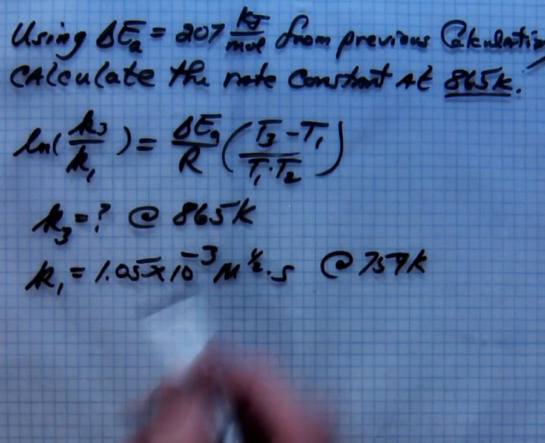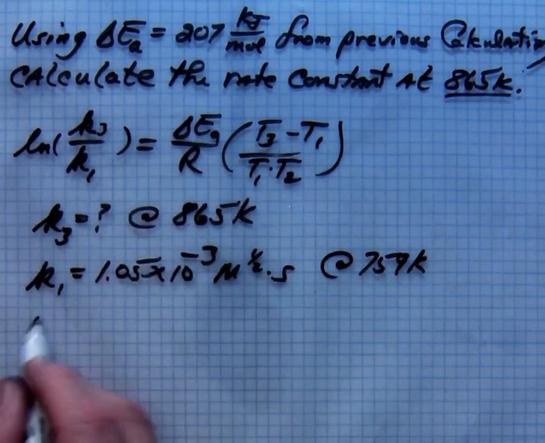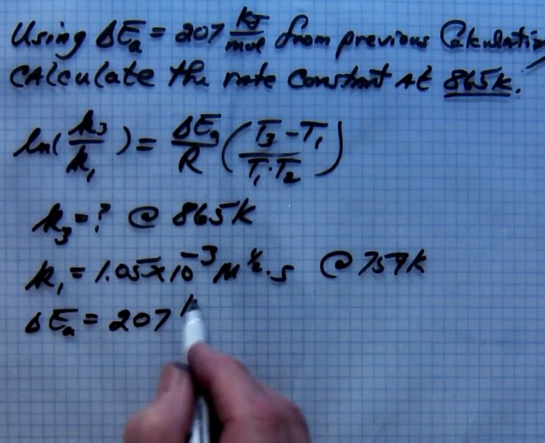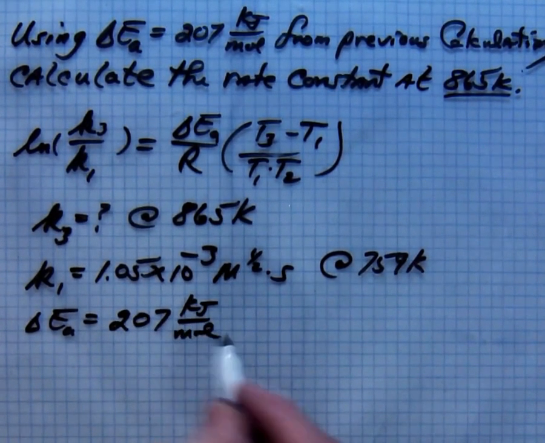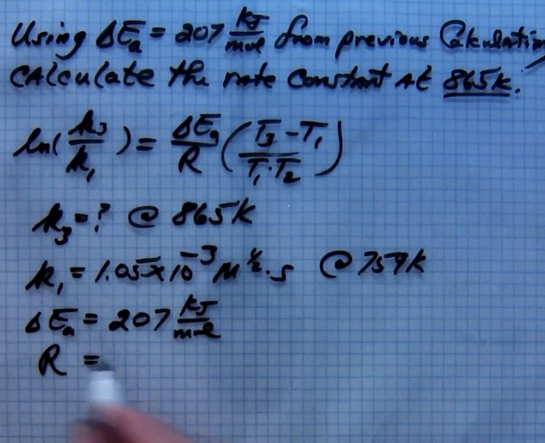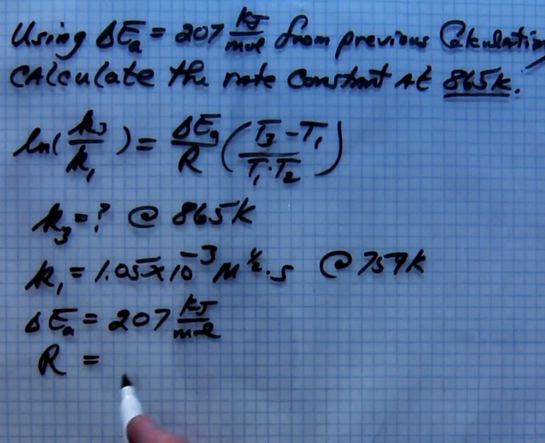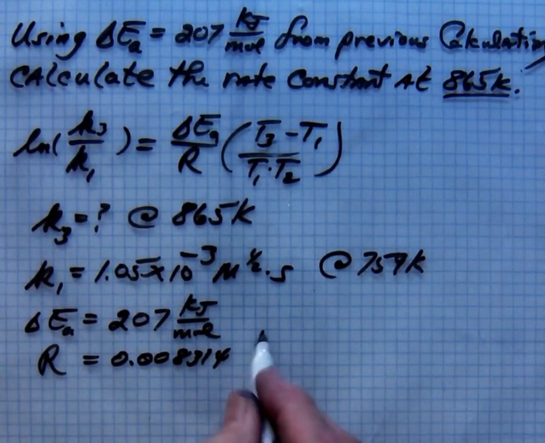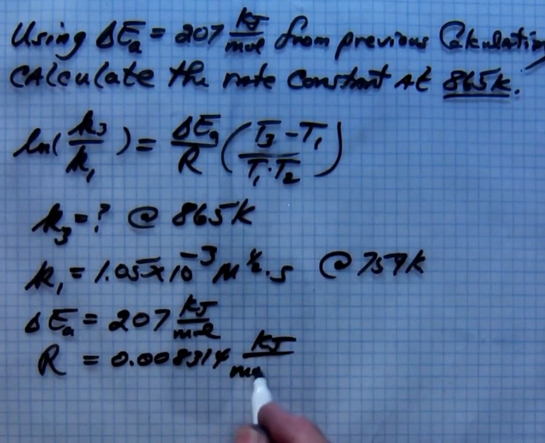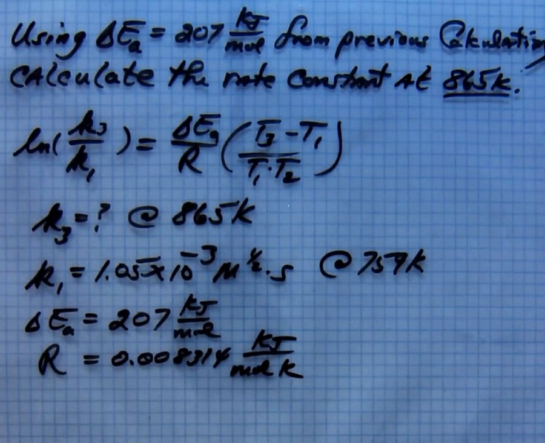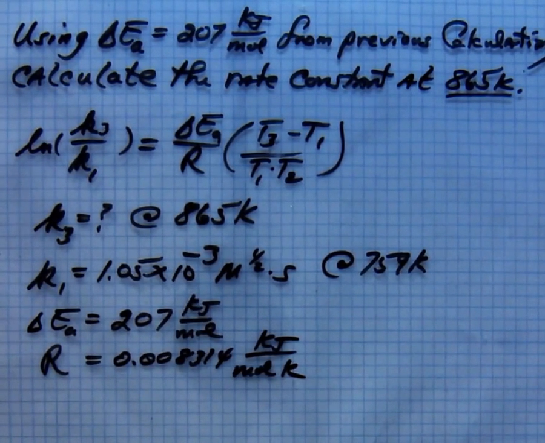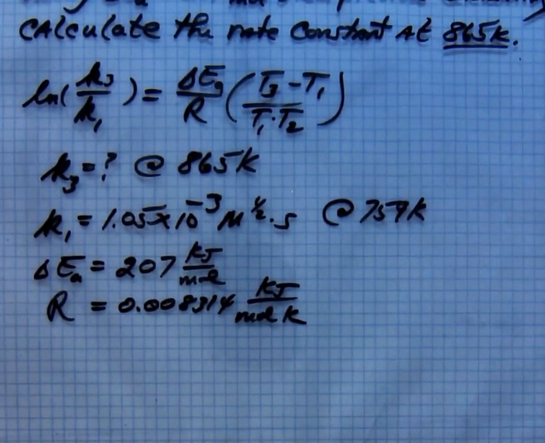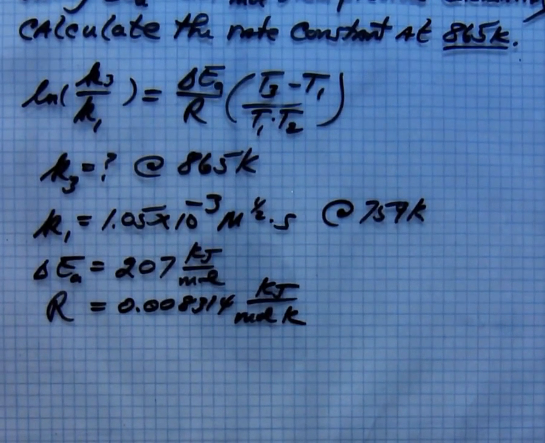And we already know that the activation energy, delta EA, we're going to use 207 kilojoules per mole, and again the R value expressed in kilojoules, 0.008314 kilojoules per mole Kelvin.